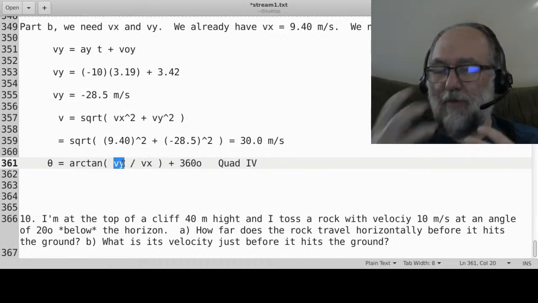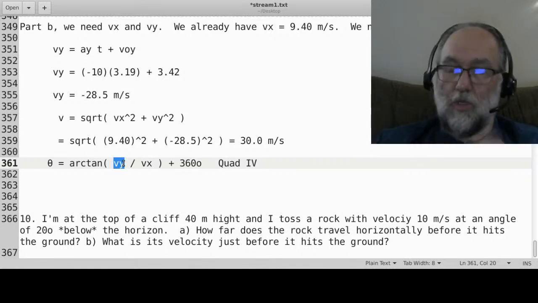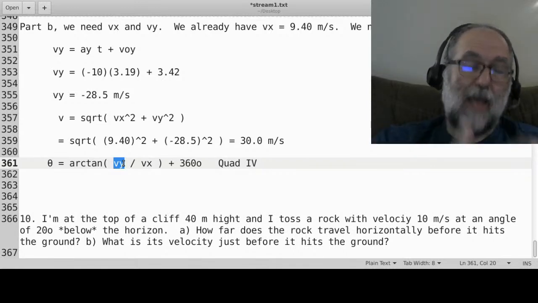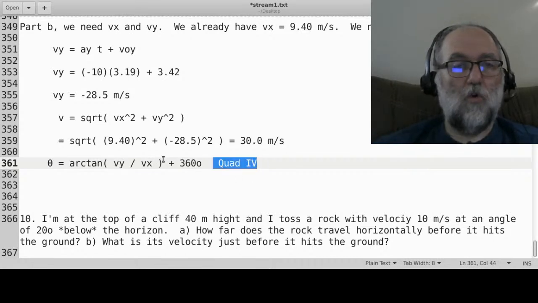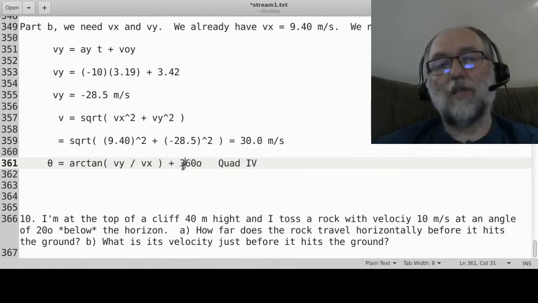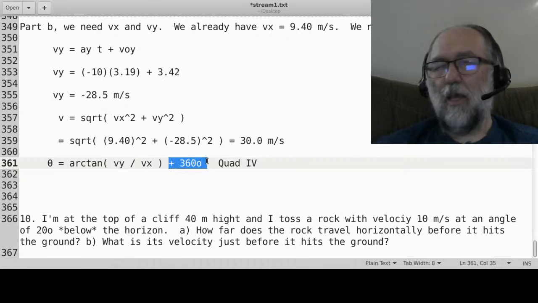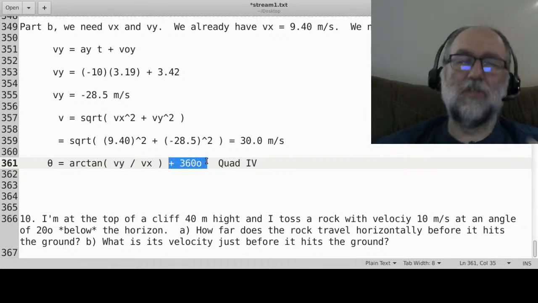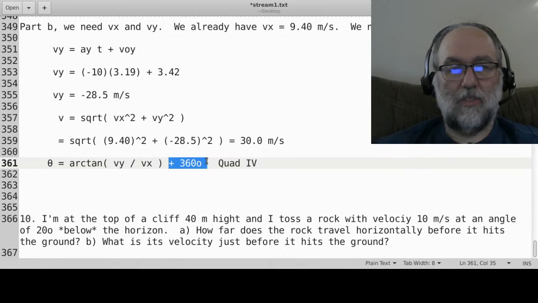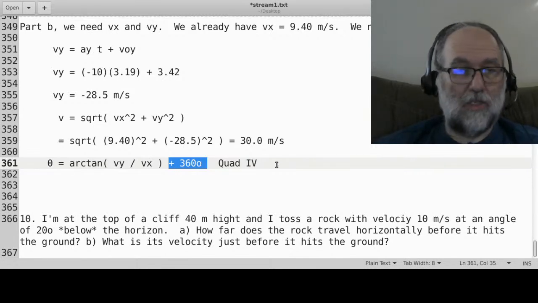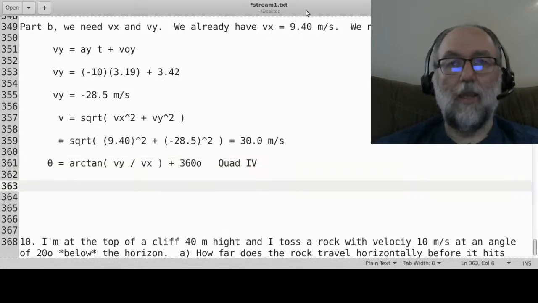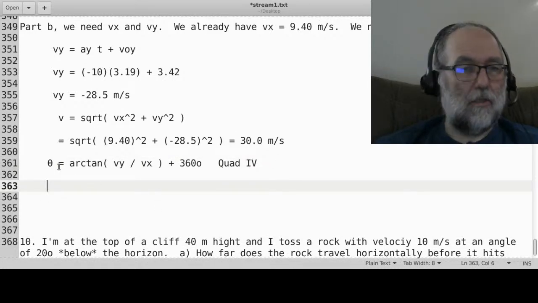Again, these vectors have an x and y component, so because we're talking about a velocity vector, it's going to be vx for the x component and vy for the y component. Also, it's in quadrant 4, so we have to add that 360. Well, I shouldn't say we have to add that 360. If you want the answer to be positive, you add 360. Otherwise, you have to interpret the negative answer as being measured clockwise from the x-axis. But I like adding the 360.